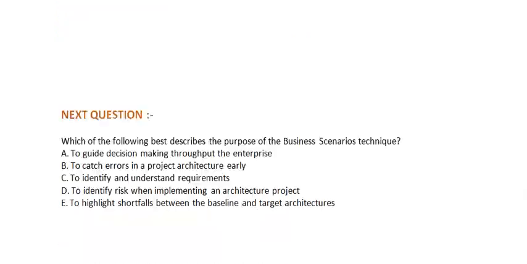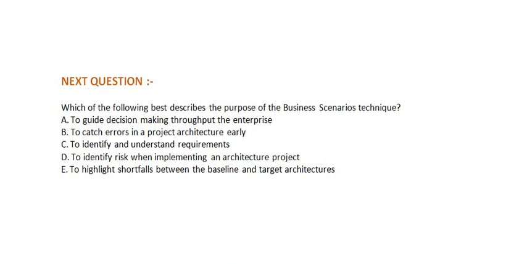Next question is: which of the following best describes the purpose of the business scenarios technique? Option A, to guide decision making throughout the enterprise. Option B, to catch errors in a project architecture early. Option C, to identify and understand requirements.